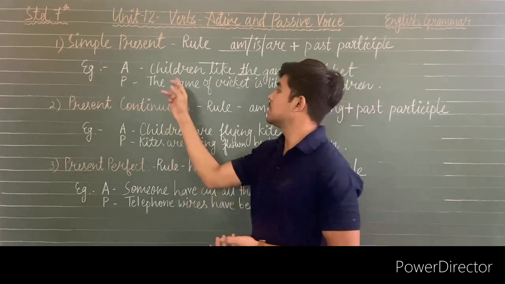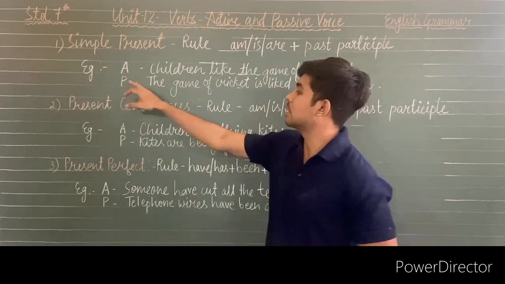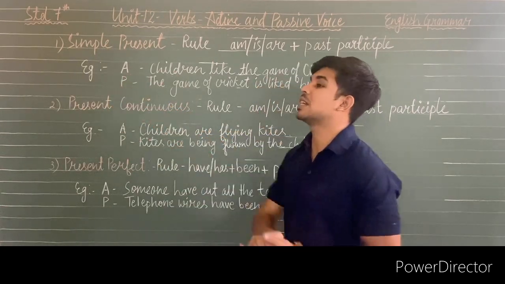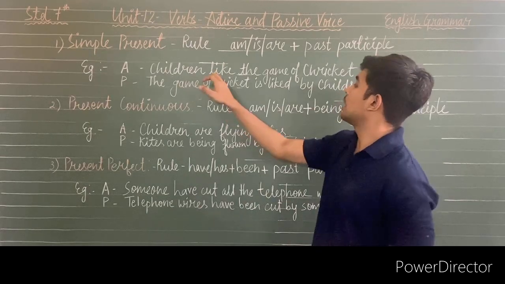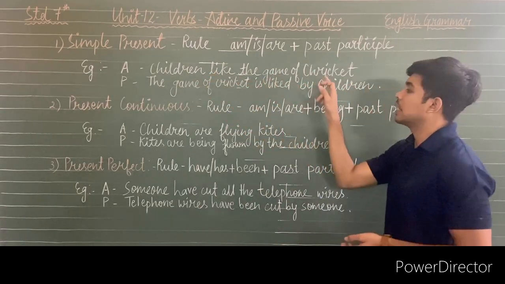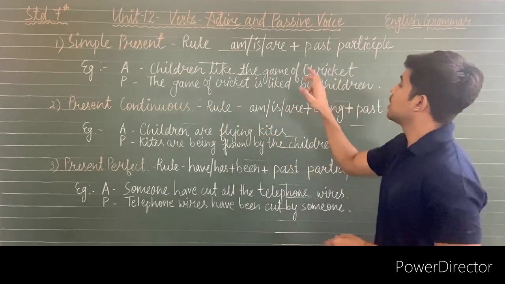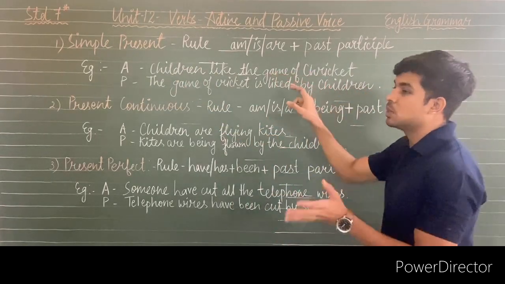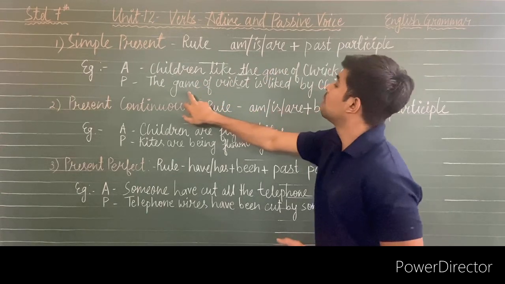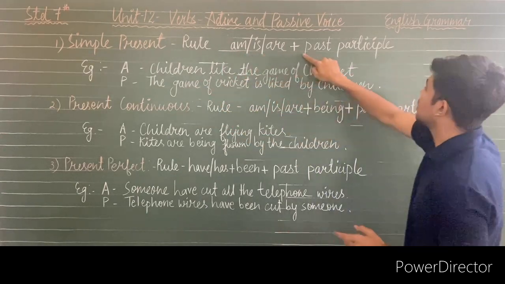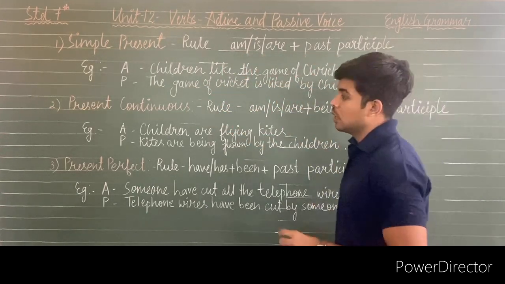Here, A stands for active and capital P stands for passive voice. Children like the game of cricket. Children here is the subject, so the subject will go at last and the predicate, the game of cricket, the object of the sentence, will come first. In between we have to add these rules.